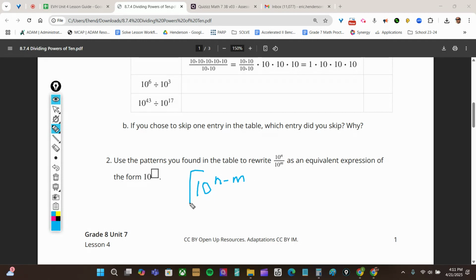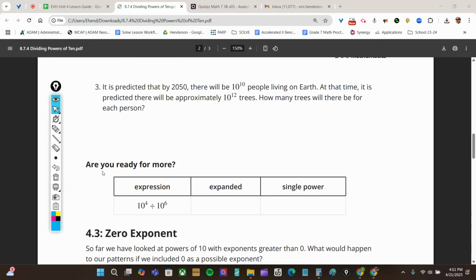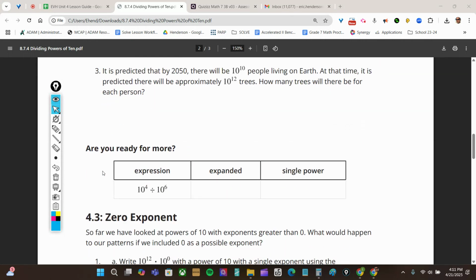All right, let's delete that and move on to the next one. Give you a moment, take a look at that and figure that one out.